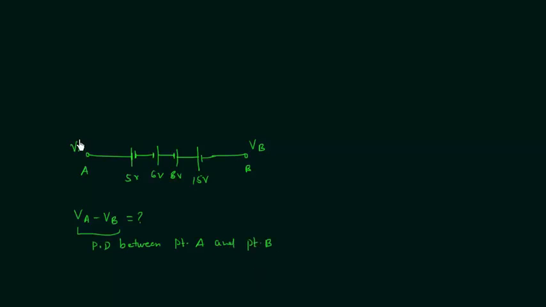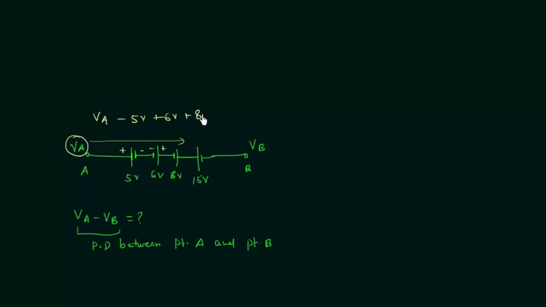So let's see how we can solve this problem. We will start from VA and move towards VB with final value equal to VB. VA minus 5 volts because of this polarity, plus minus. Then we have plus 6 volts because we have minus and plus as the polarity of the 6 volt.